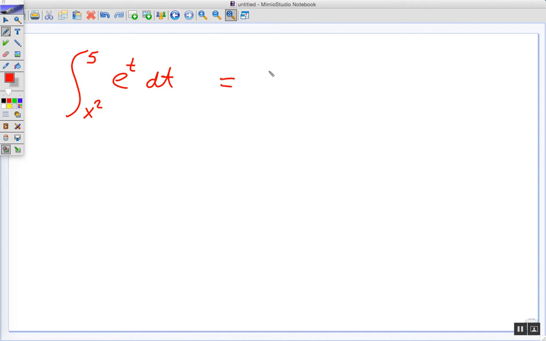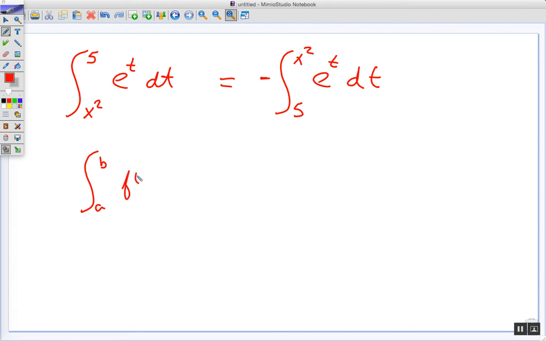So that can be rewritten as negative the integral from 5 to x squared of e to the t dt. Now why is that? So let's look at just a regular function here. It doesn't matter what we have.